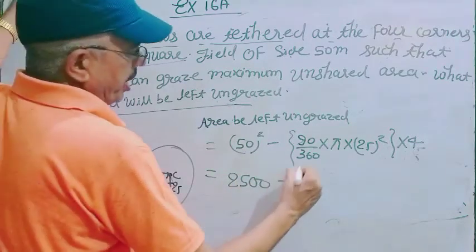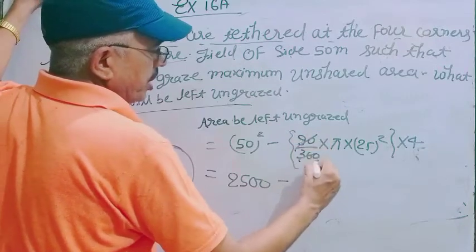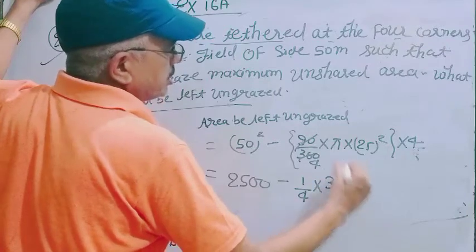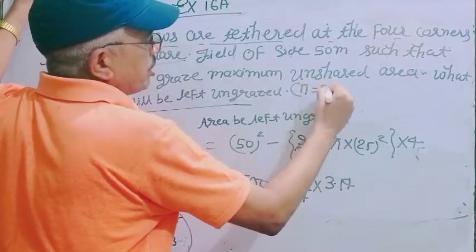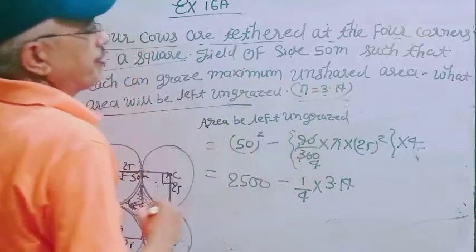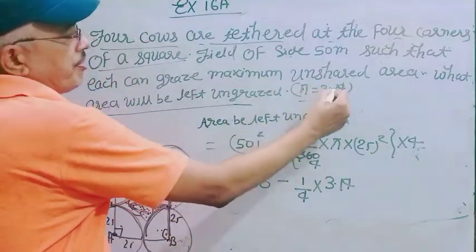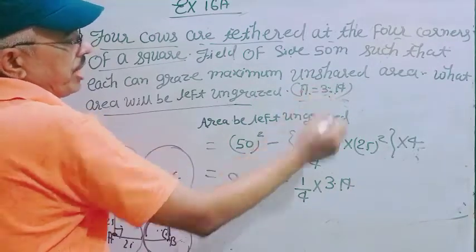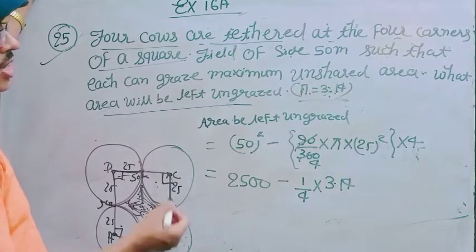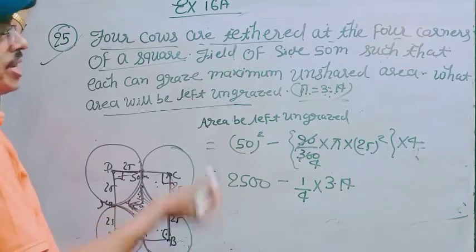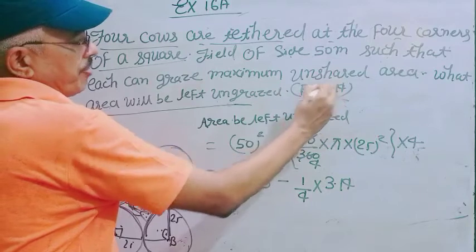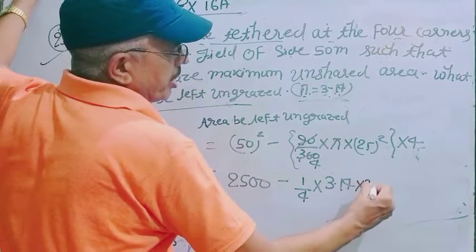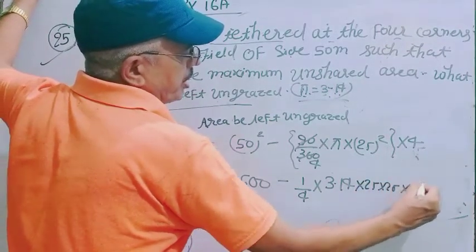You get 2500 minus 1 by 4 into 3.14, because in your question it is given to take pi equal to 3.14, then it is compulsory. When the value of pi is given as 3.14, it is compulsory and mandatory that you always write the value as 3.14. Otherwise, you can take 22 by 7. But in this question it is given that pi is 3.14, so you take pi as 3.14 into 25 into 25 into 4.